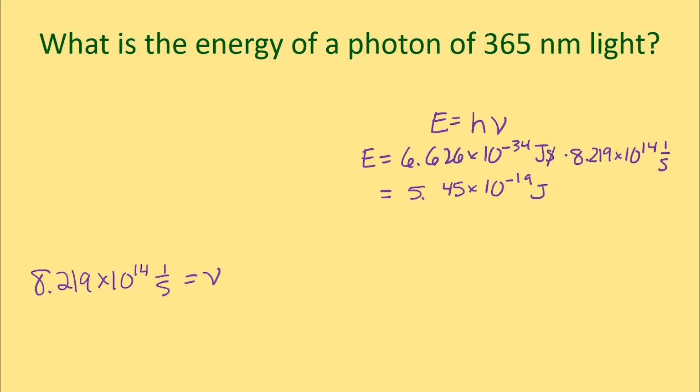Note that my seconds units cancel, so I end up with a unit of joules. That's good. Energy should be measured in joules or calories, and so this is a consistent unit, so my units check out. Also, for visible light, most of the visible light should be in the e to the negative 19th joule range, so the exponent looks good for energy of light. I have two checks. Things are consistent, and this is how we're going to go about calculating energy of light.